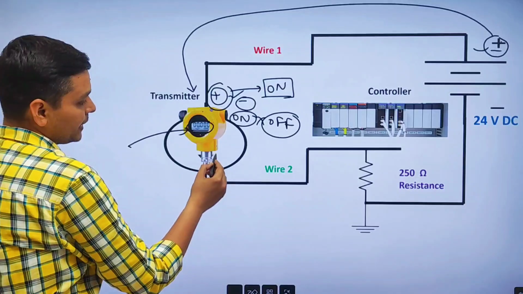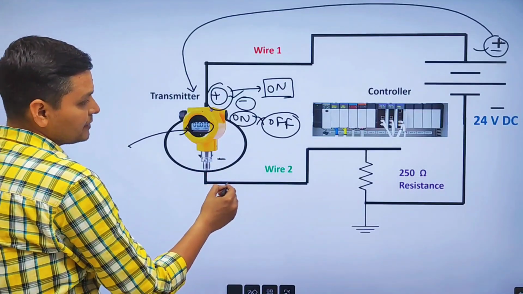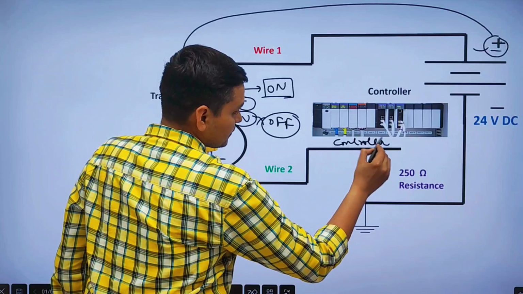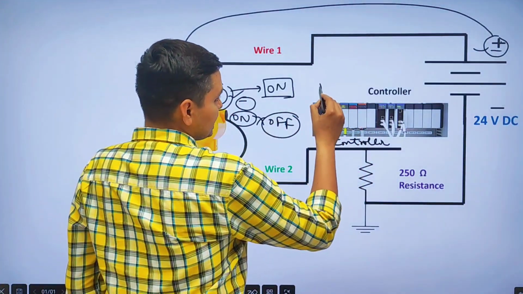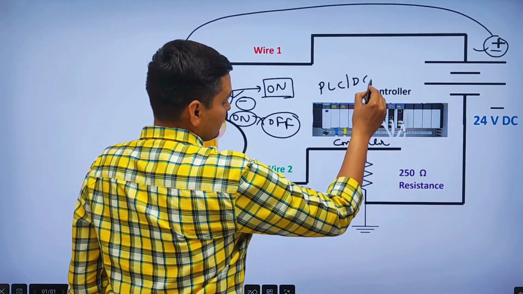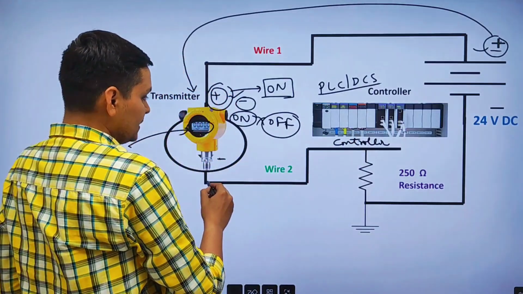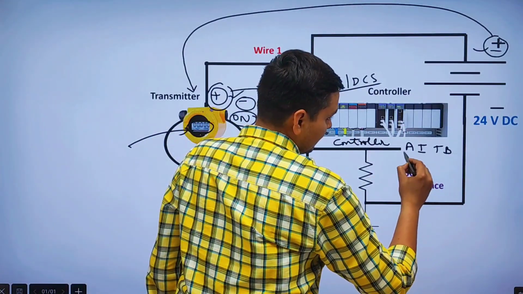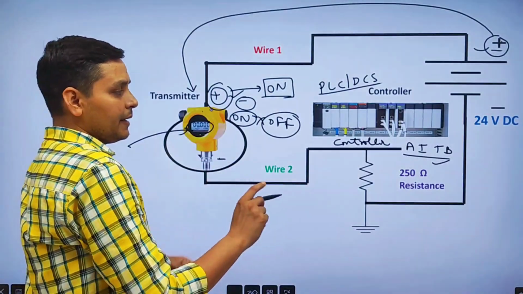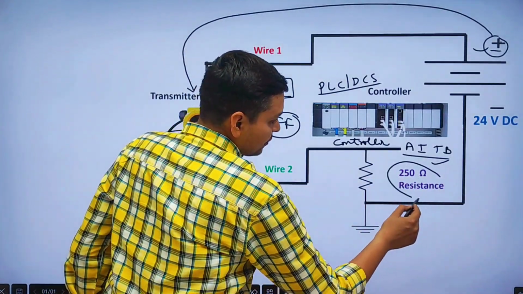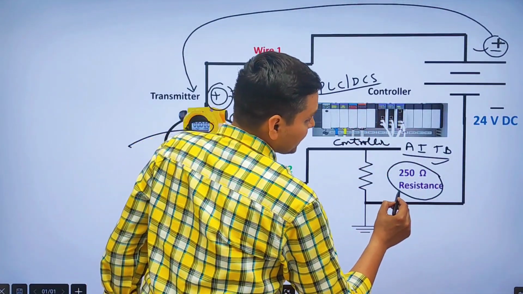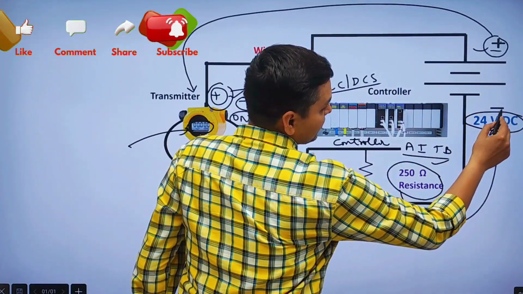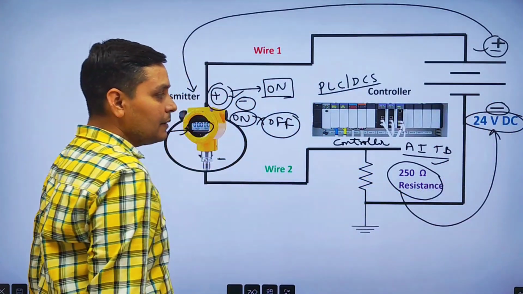Now from the negative of the transmitter, a wire is connected to the controller. If we are using PLC or DCS, then this wire will be connected at the AI terminal block. And from the AI terminal block, through a 250 ohm resistance, it will be connected to 24 volt DC and to the negative terminal.